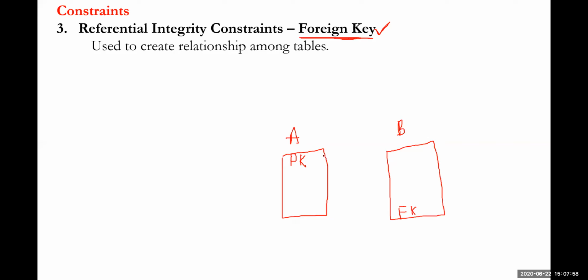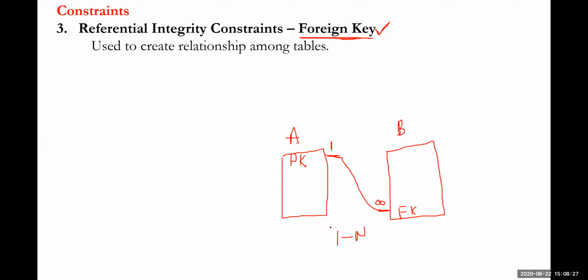So from this particular attribute, we have a relationship between these two. It is stated that these two must have some kind of relationship. For one value of this primary key, you could define any number of rows for this particular B. This relationship is called a one-to-many relationship.